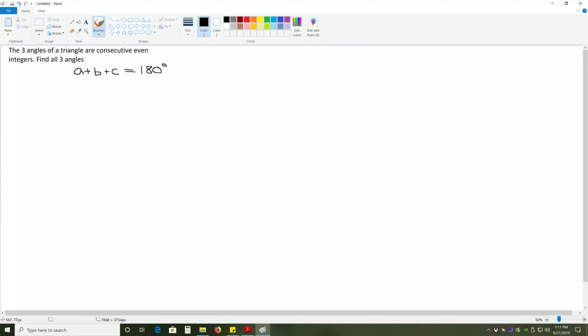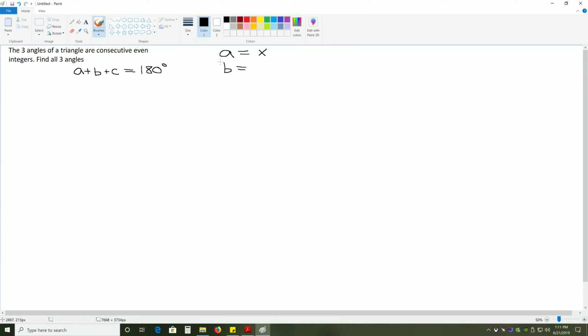The three angles of a triangle are consecutive even integers. That means if A is equal to some unknown value x, since we don't know what it is, then B is the next consecutive even integer.